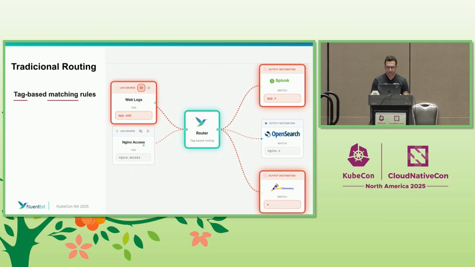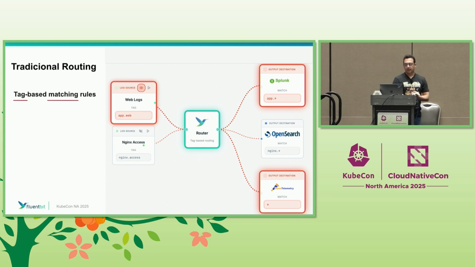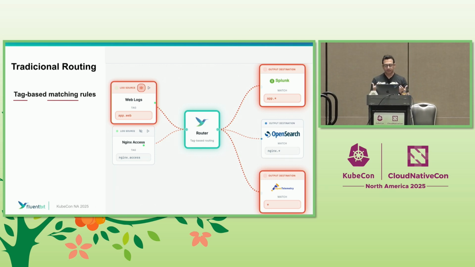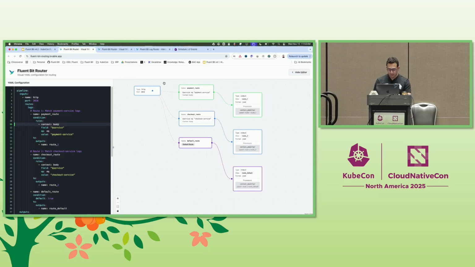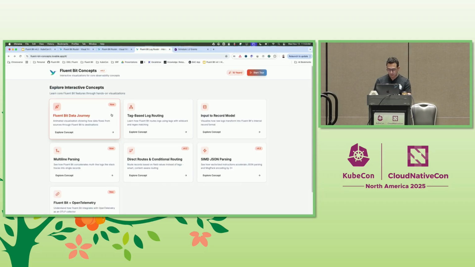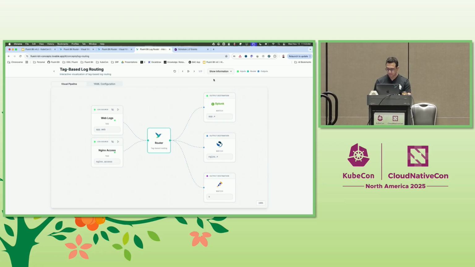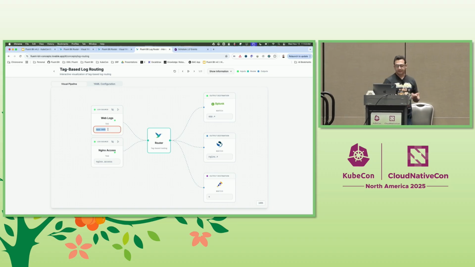OK, this is too complex. Maybe we can take a look at this. On the left, we have the weblog applications. Let me see if the new app we're cooking for this is working. OK, so we are here. This is the same thing, app.web. We have defined that as the tag.